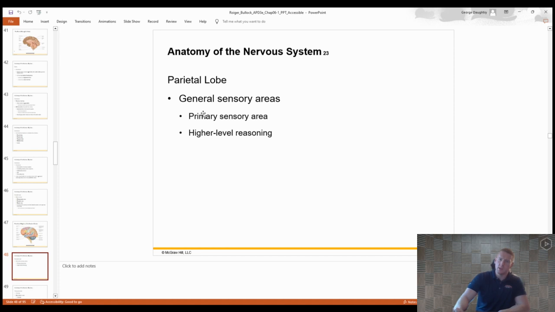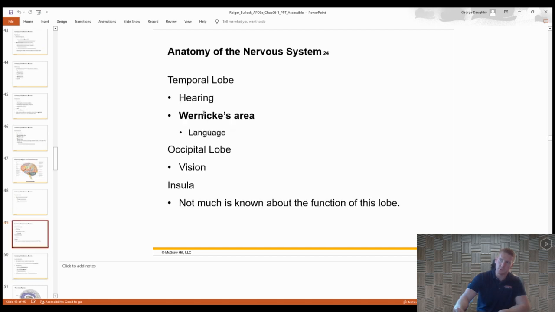We're going to get very complex cognition up there. This is where we get our discernment from. If I'm trying to predict the outcome of my actions and reason through a decision, it goes through the parietal lobe, generally speaking.